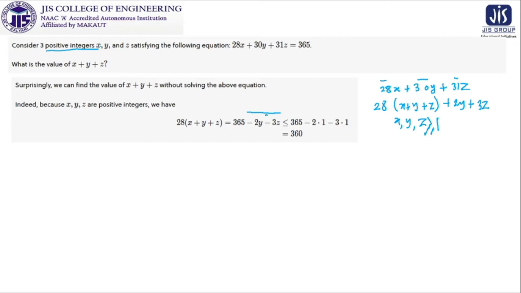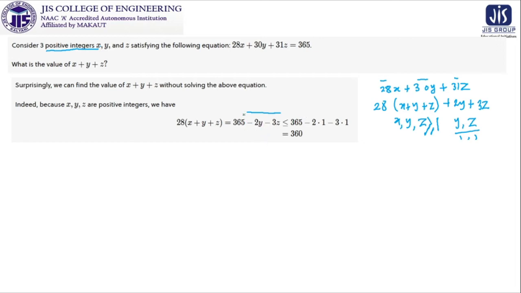So here we put the least possible values of y and z, that is 1 and 1, and as y and z can take values more than 1 but not less than 1, we get the left hand side is less than or equal to 365 minus 2 into 1 minus 3 into 1, because if y and z grow bigger, 365 minus 2y minus 3z becomes lesser.